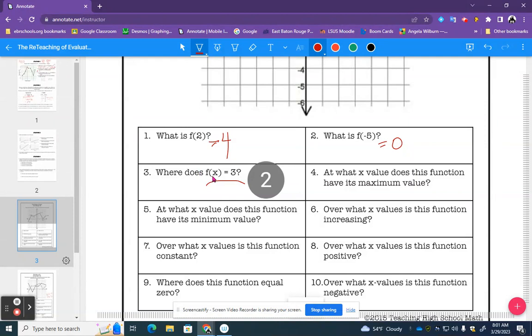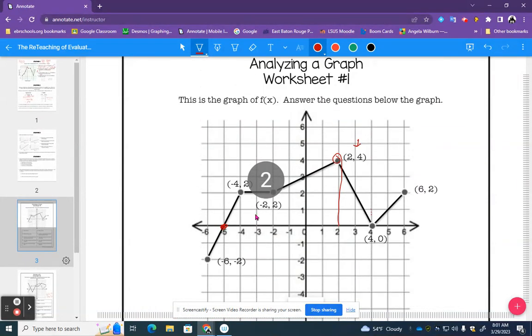Where does f of x equal 3? Remember, what did I say when it says f of x equals something? What does that mean? You're looking for when y is 3. So you're going to go to y is 3 on here, which is right here.